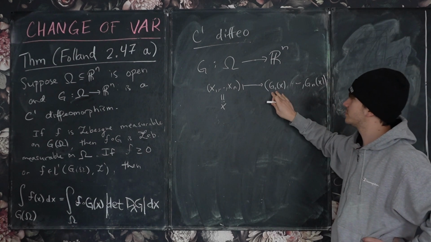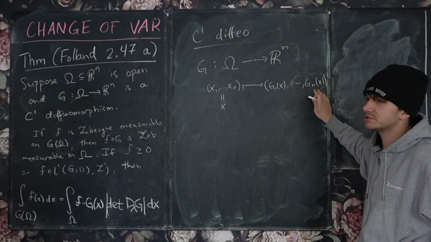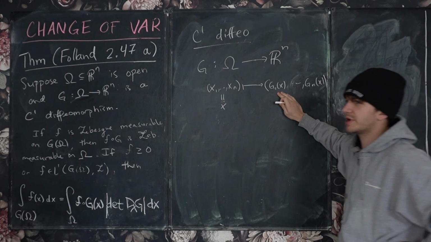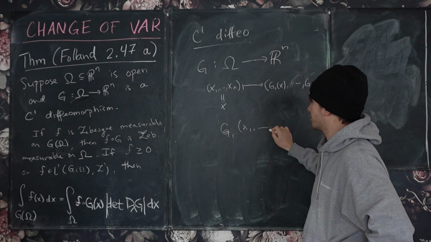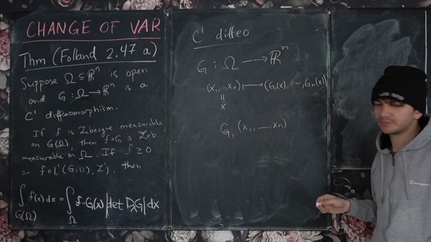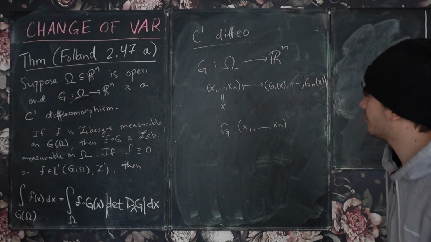So we have n component functions, and each of these component functions depends on x1 through xn. That's our setup with our map g.